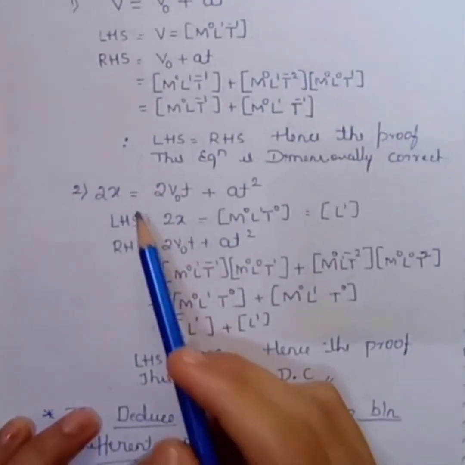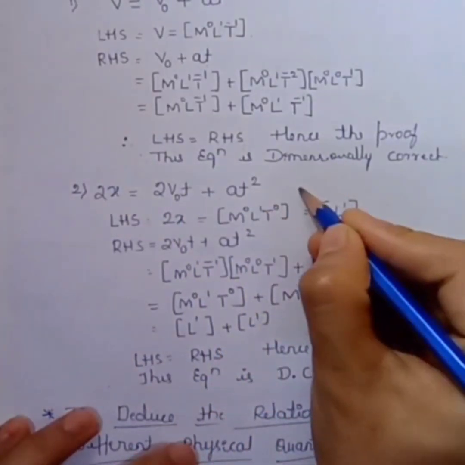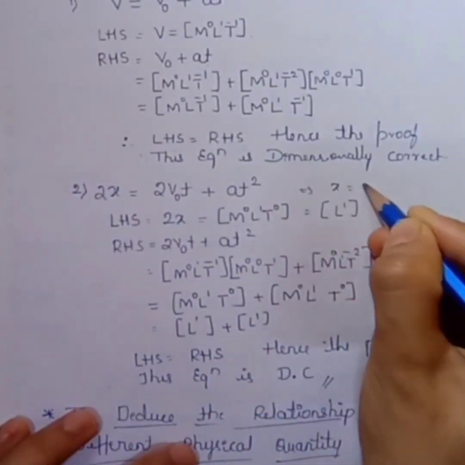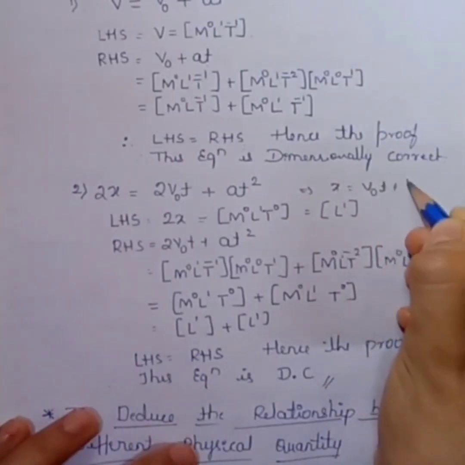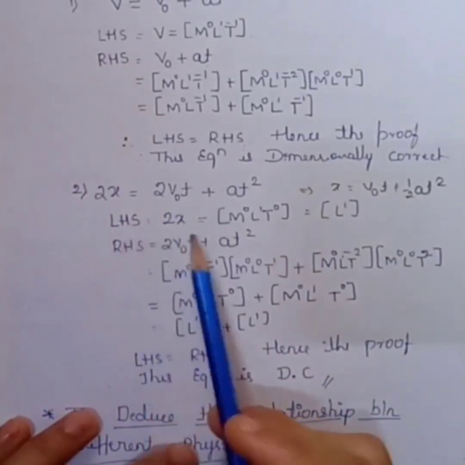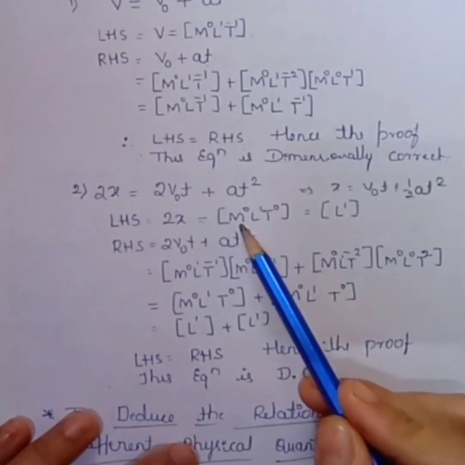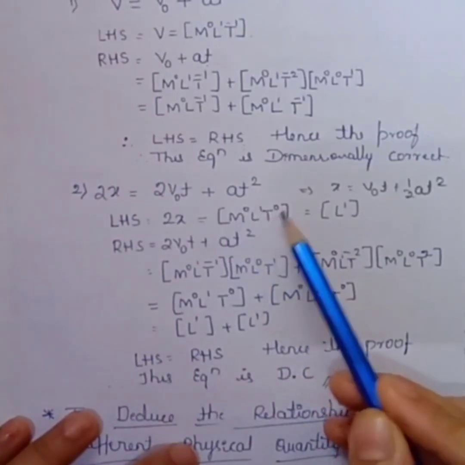Second equation is 2x equals 2v0 t plus at^2. This is similar to the x equals v0 t plus half at^2 equation. LHS equals 2x. 2 is a constant term, just leave that one. X can be written as M^0 L^1 T^0.